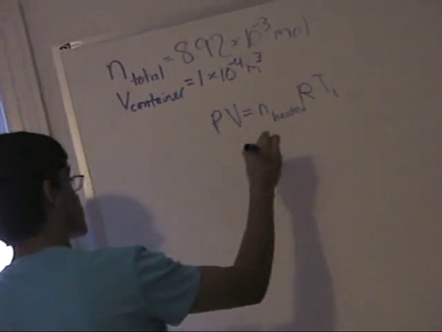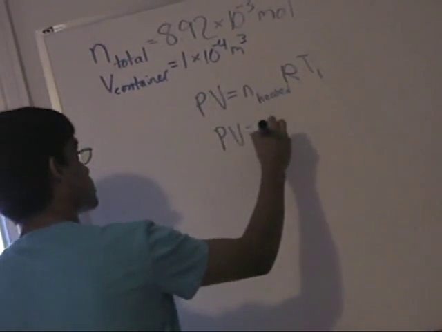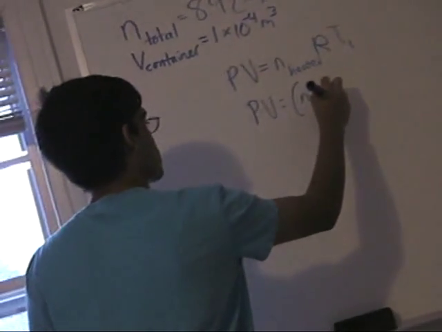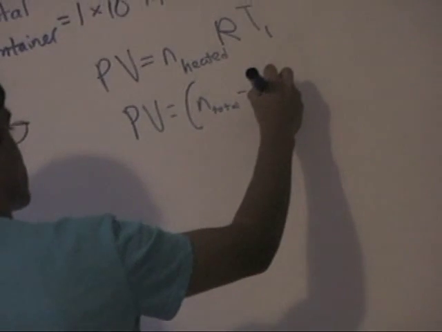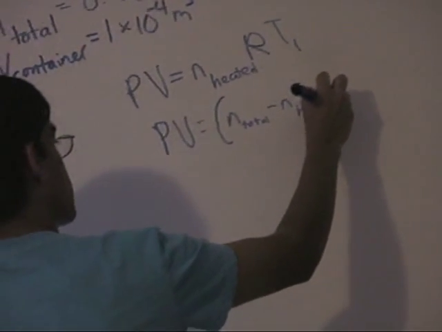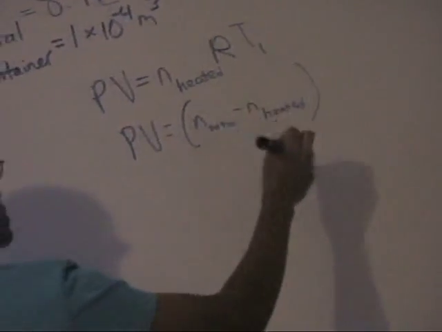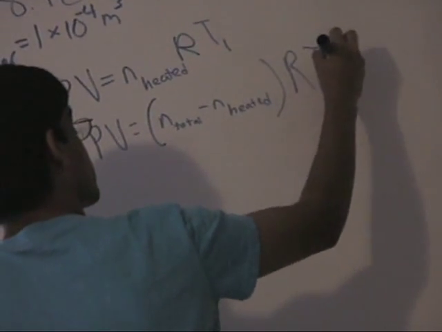And the second equation is PV equals parentheses N total minus N heated, all together times the constant times the second temperature.